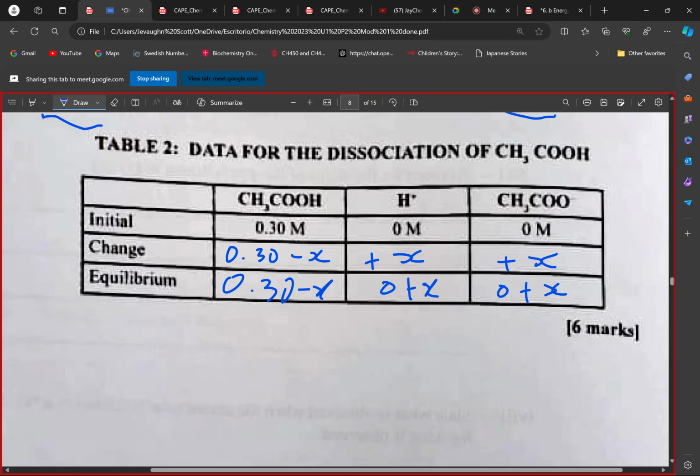Somebody raise their hand. Go ahead. Sir, wouldn't the change be minus 2x instead of 0.3 minus x? Do we agree that it's going to be minus 2x?